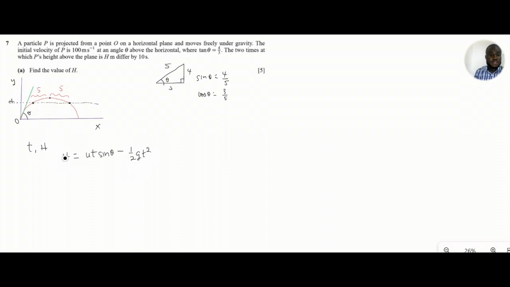Remember, we'll reach the point h again after 10 seconds, 10 seconds after t, the original t seconds. That would mean that the same h, now let's simplify the second equation and then solve the two equations simultaneously.